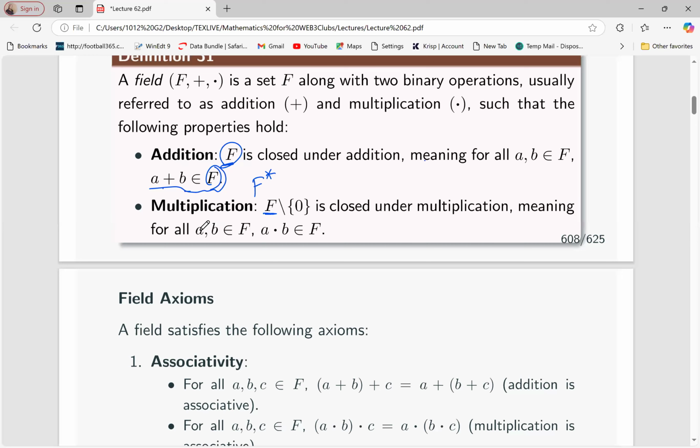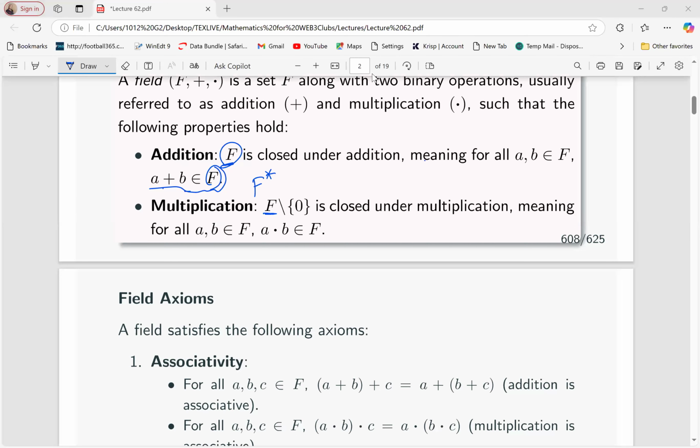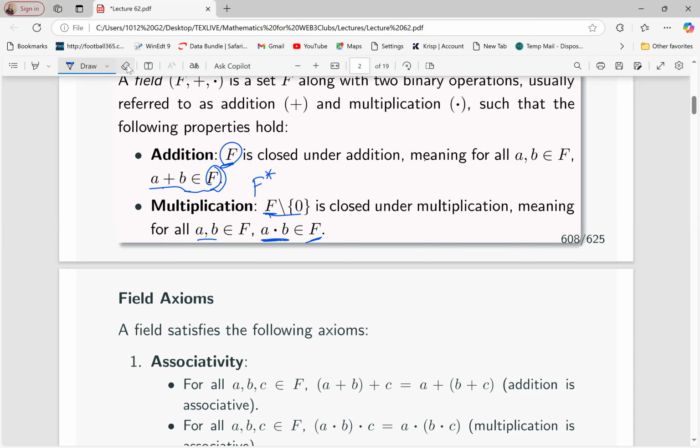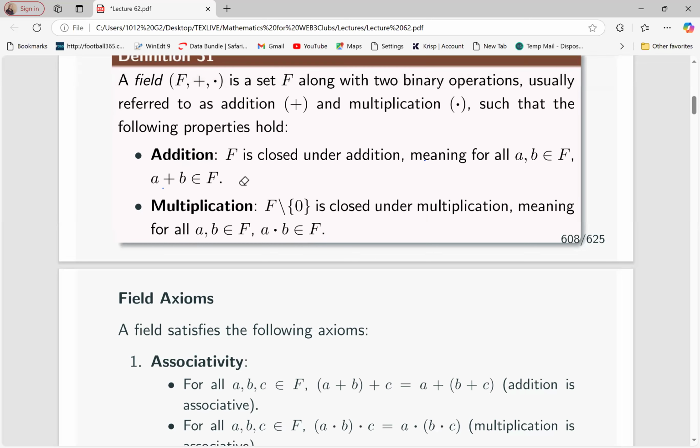So we say that if F is to be a field, first, it must be closed under addition, and second, when you remove 0, it must be closed under multiplication. Pick any two elements from F, their product must be in F. That is the first axiom that F must fulfill to be a field.